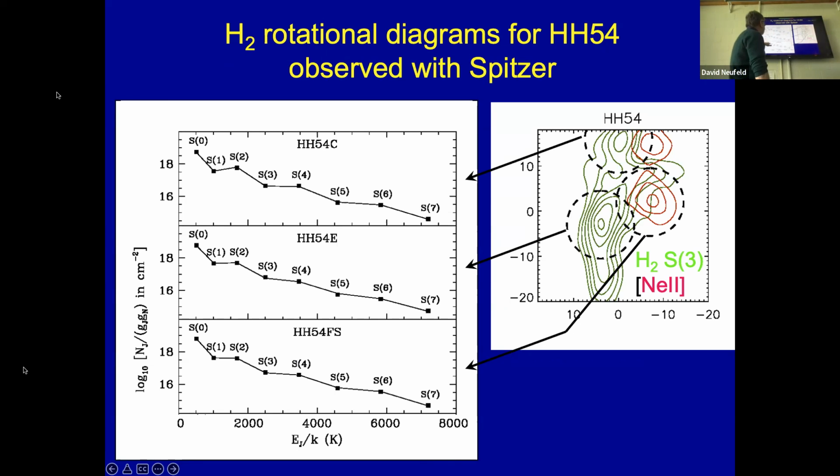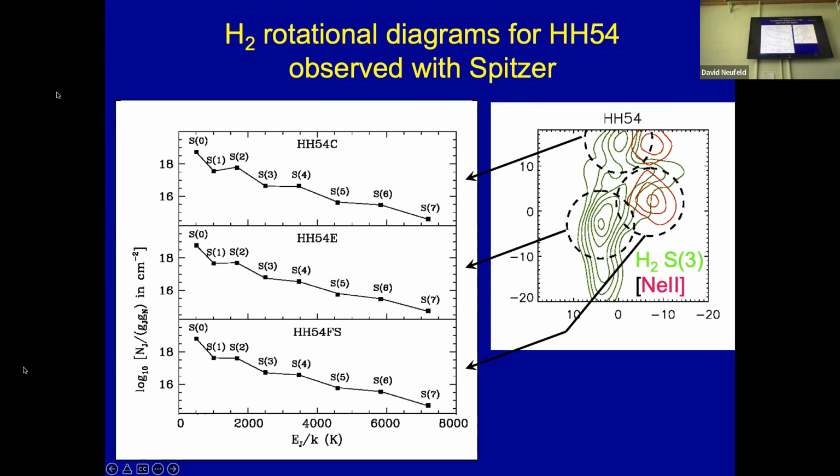We've actually seen this phenomenon in many, many sources. But here are 3 different positions we could observe in the same source I talked about earlier. And you can see there's this very systematic zigzag behavior indicating again that ortho and para hydrogen are out of equilibrium.